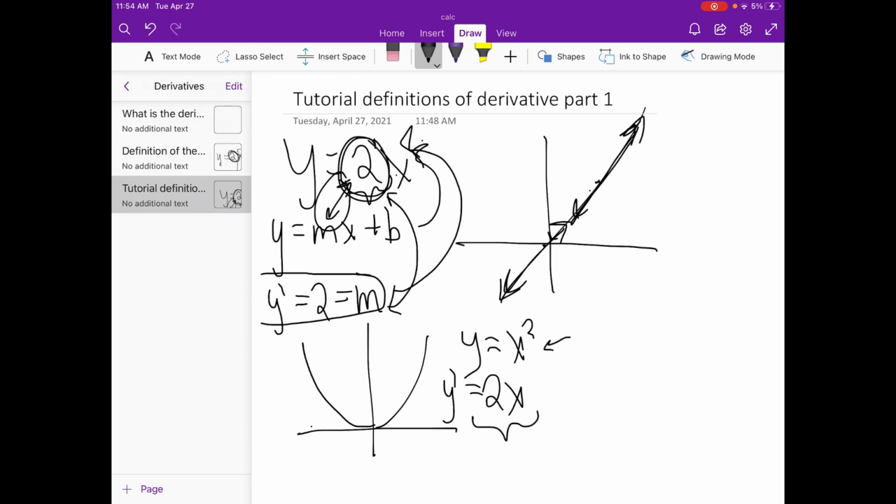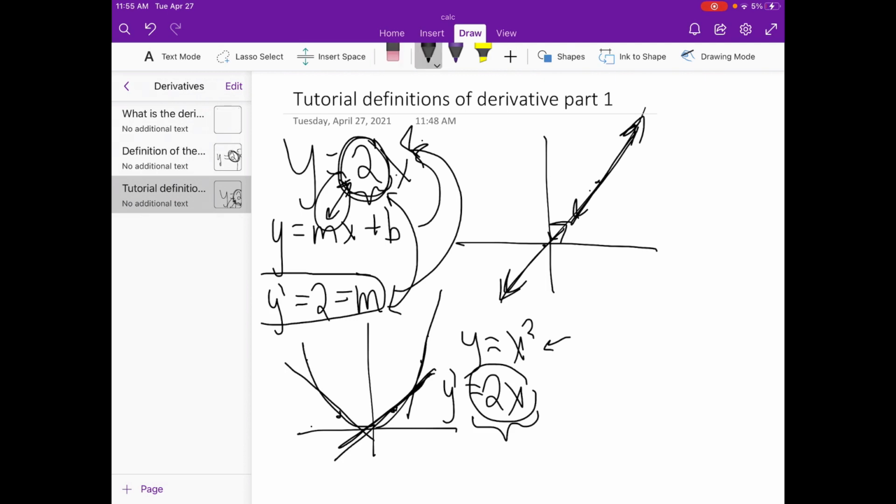Here you took the derivative of x squared and you got 2x, which was a function on its own. And look at this. The tangent lines at different points have different slopes. You got negative slopes here, positive slopes here, steeper slopes here, shallower ones here. You got different slopes at different points.